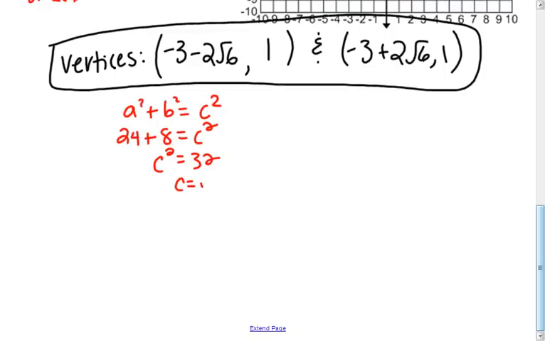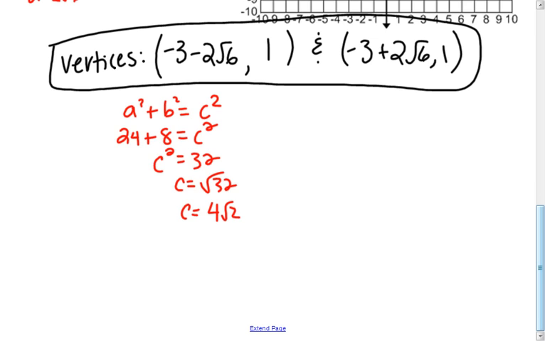And c is the square root of 32, which is also the square root of 16 times 2, so that would be 4 root 2 if you wanted the exact value. As a decimal, the square root of 32 is 5.65.